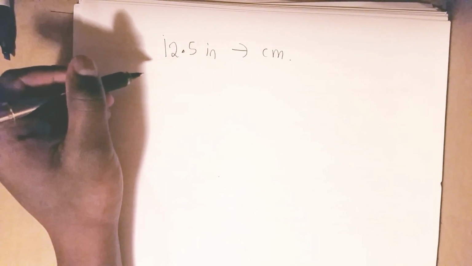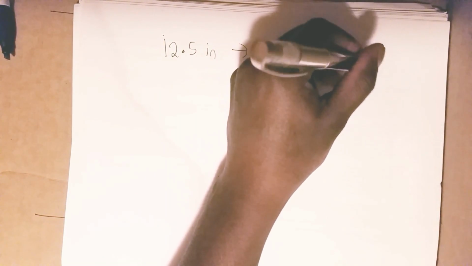So here's another way to do this problem. You have 12.5 inches, and you want to convert that into centimeters. You know the conversion factor: 1 inch is equal to 2.54 centimeters.